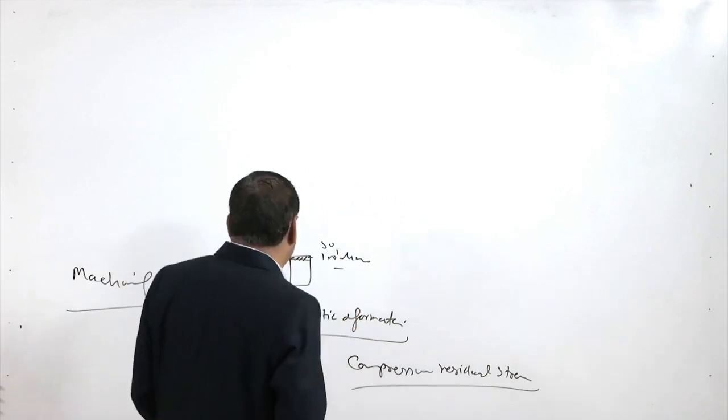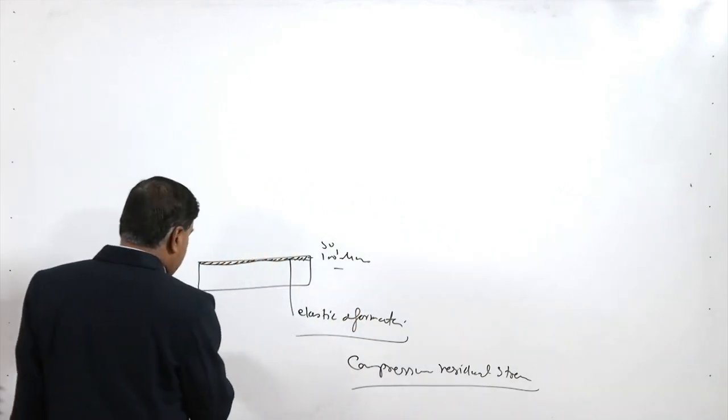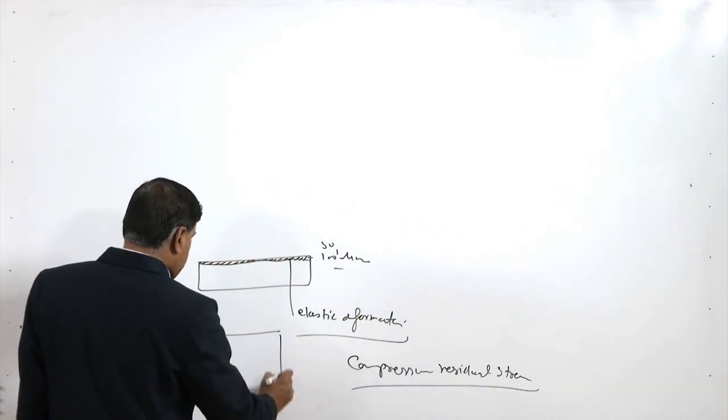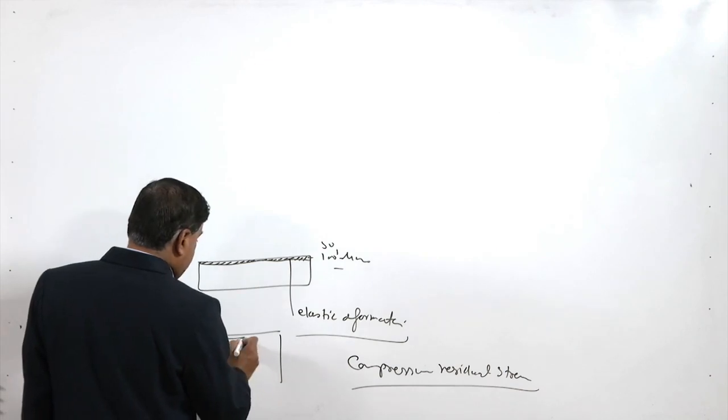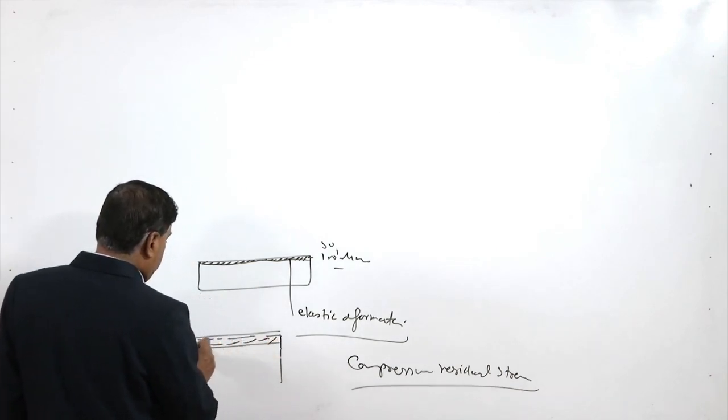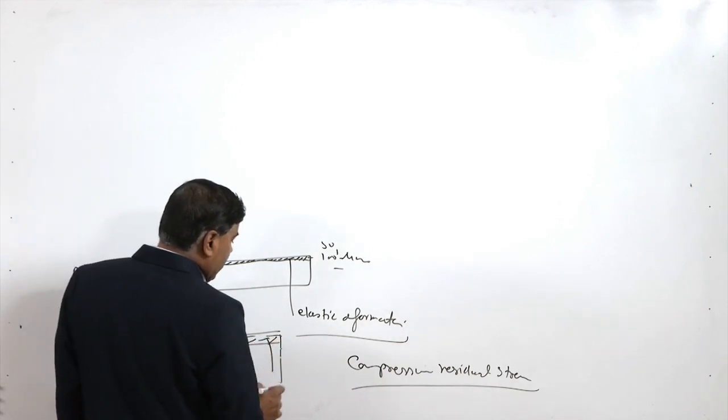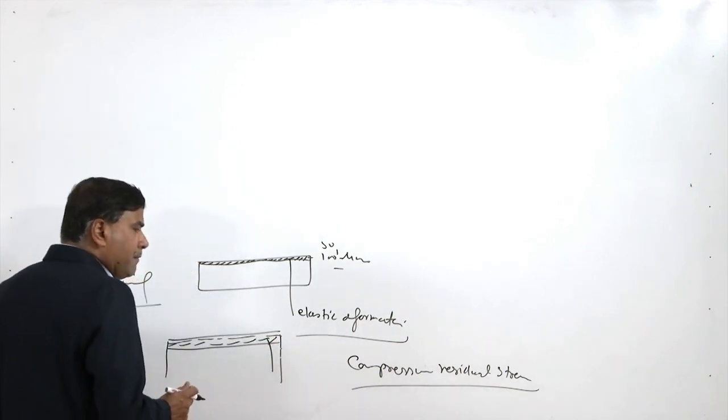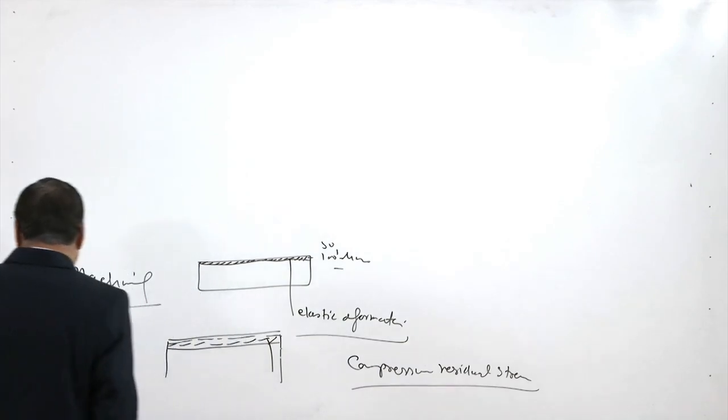But if very abusive machining is carried out, then below this elastically deformed layer we may have a region which is under plastic deformation, and this plastically deformed layer will have the effect of work hardening.